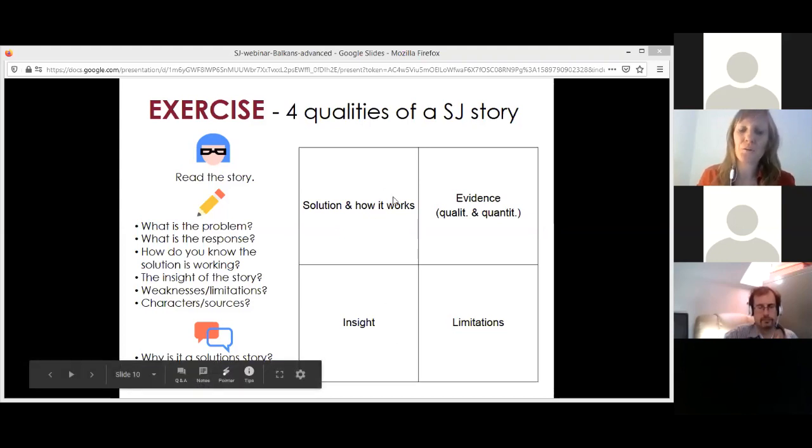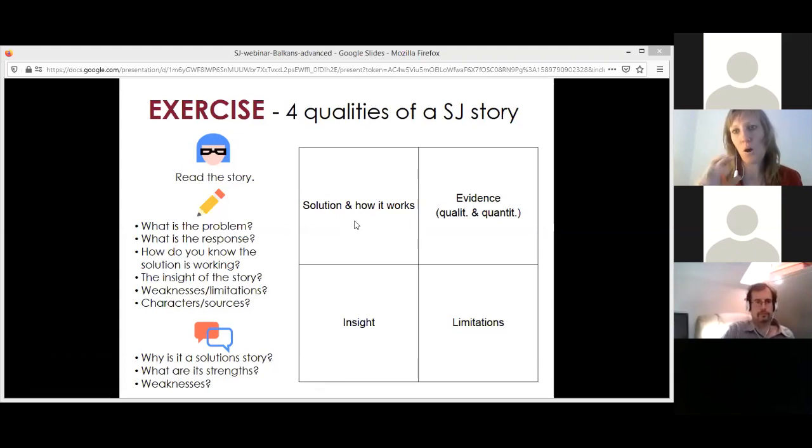Maybe I would like to ask group 1 to share more about the hows of the story, like how does the solution work? What did you learn in the story? I would like to ask someone from group 2 to share what kind of evidence did you find in the story? I would like to ask group number 3 to share the insights, the lessons, the replicability, what kind of principles that could be replicated in Serbia and Bosnia are in the story.